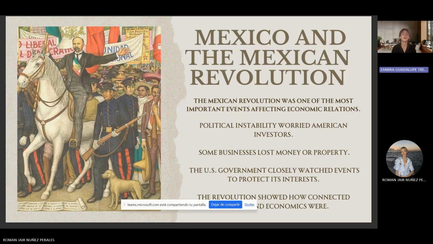Some businesses lost a lot of money and also property because of that. The US government closely watched those events to protect its interests. And during the revolution, we could really see how connected the economic interests were and how big the impact was in those years.